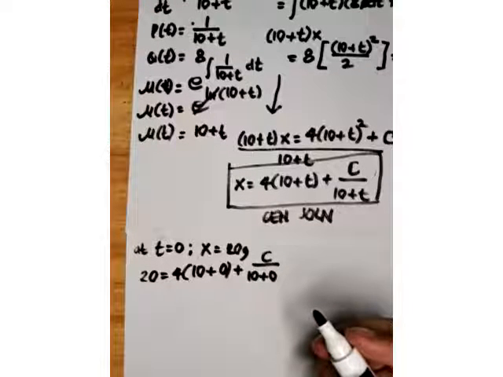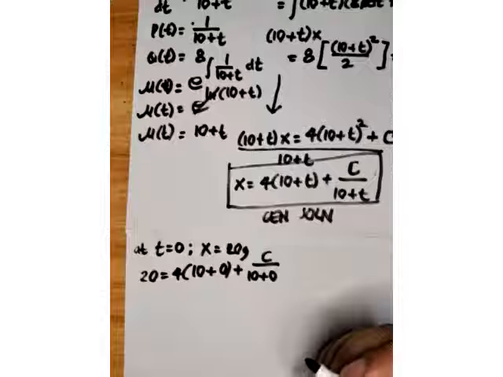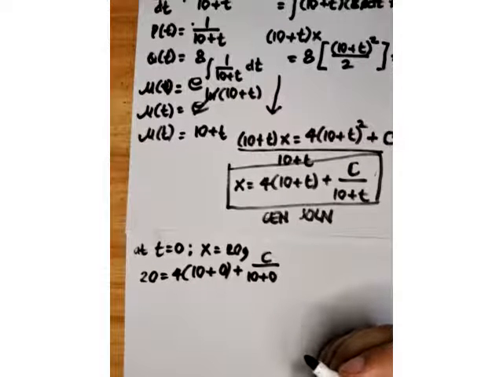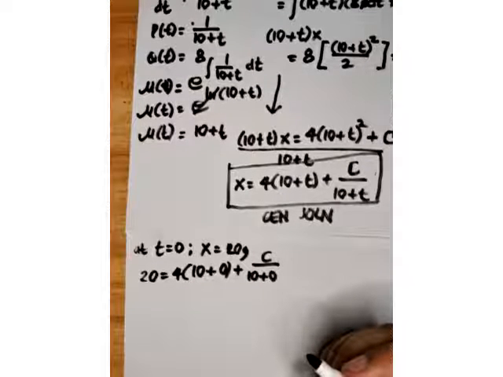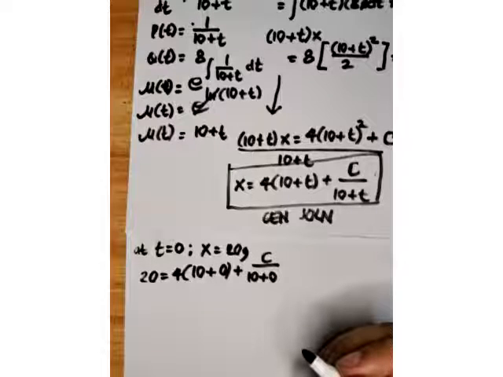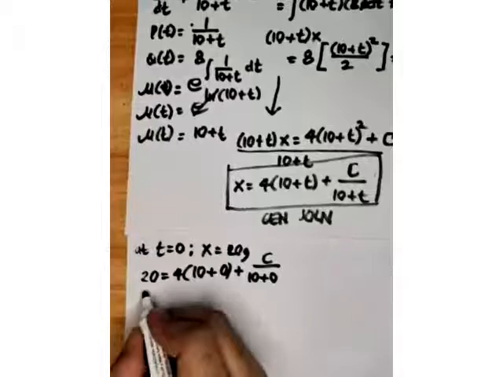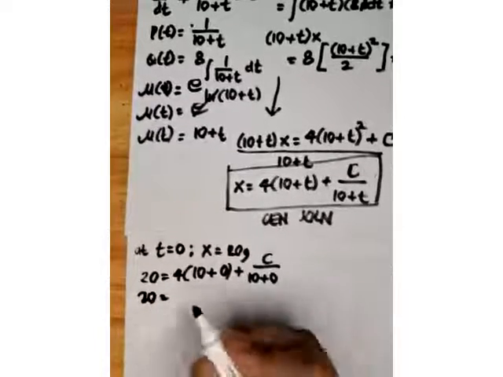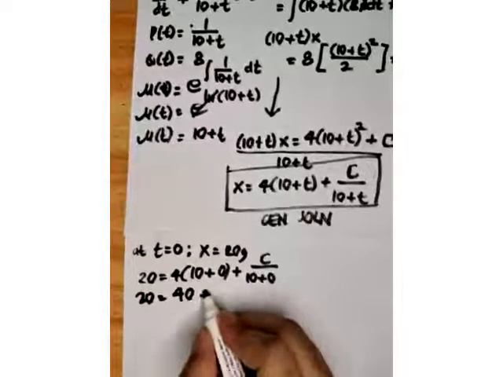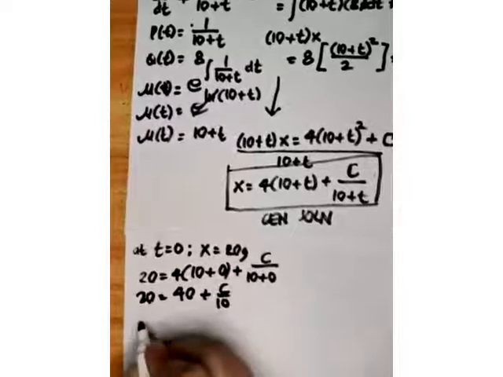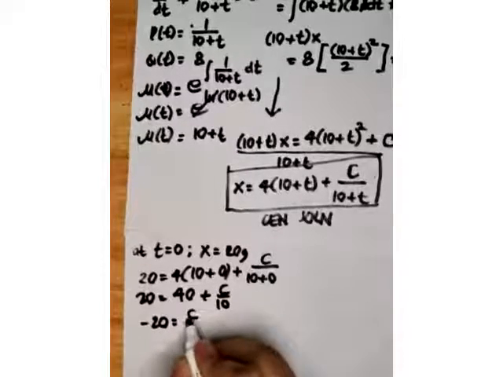So this is 10 and 20 is equal to 40 plus c over 10. So this is negative 20 is equal to c over 10.